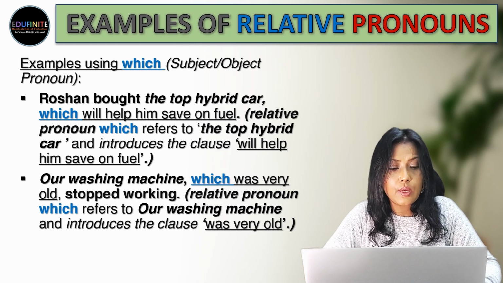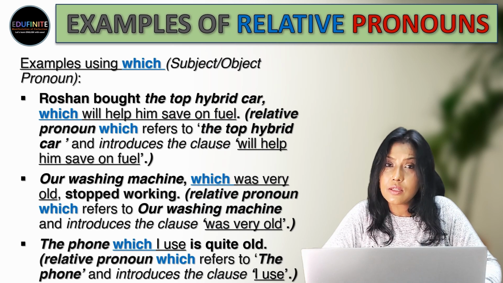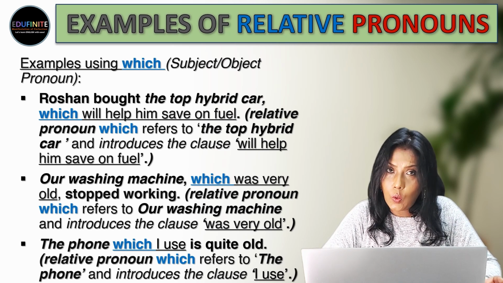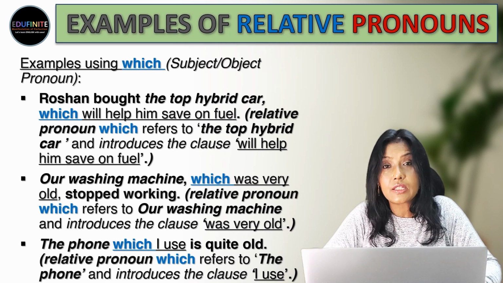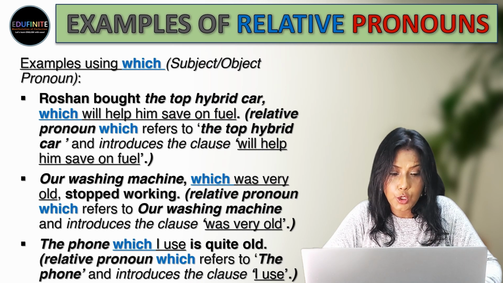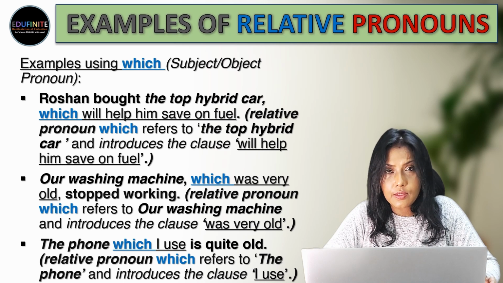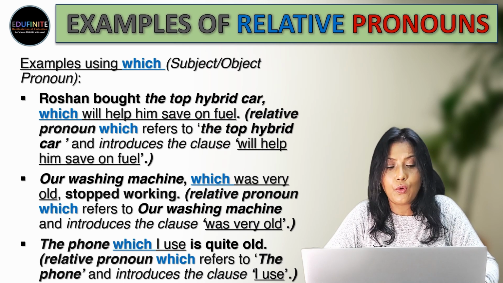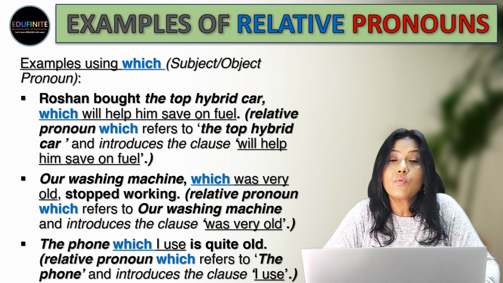And next we have the phone which I use is quite old. Now here the phone is quite old is the independent clause, which I use is the relative clause headed by the relative pronoun which. Now over here you notice that which I use is establishing the identity of the phone. If I just say the phone is quite old, then you will not be able to understand which phone.